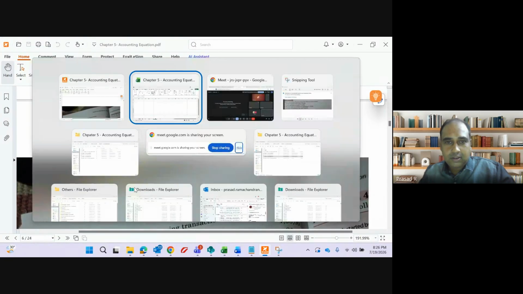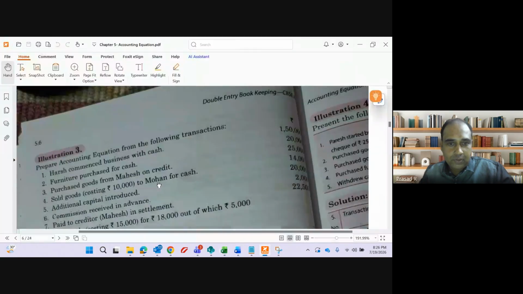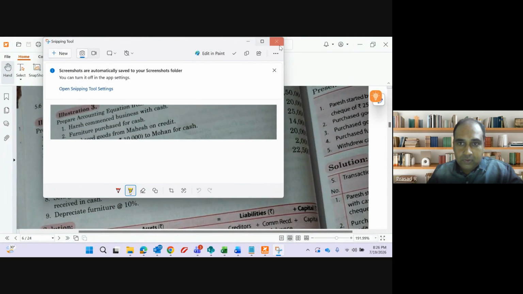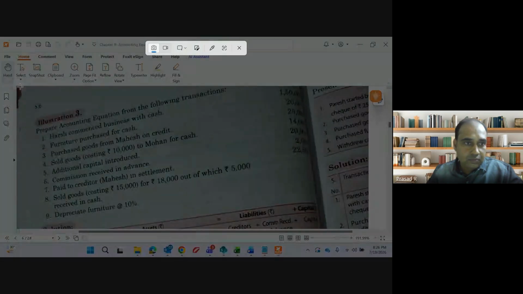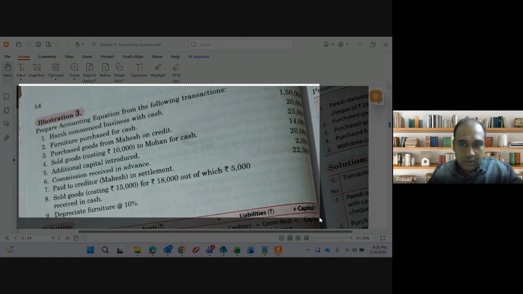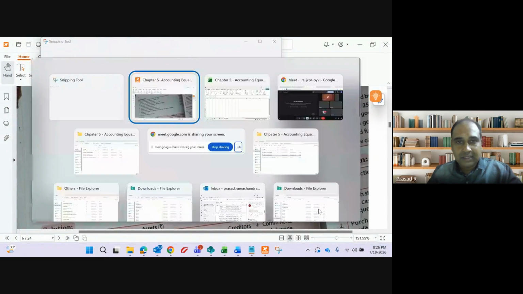Question number 3, a little tilted. Okay, you can help me with the amounts. I think some part of the amount is missing. That's fine. This is question number 3. Okay, no problem, guys.